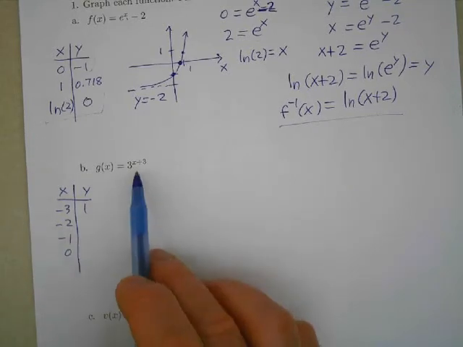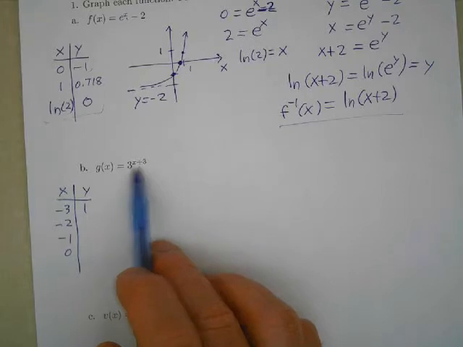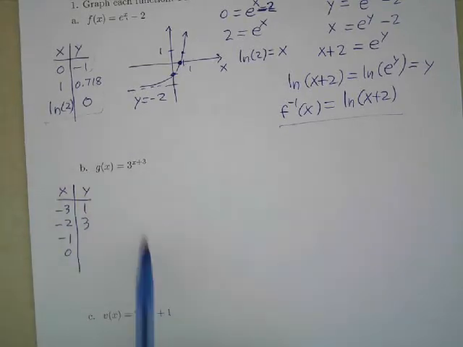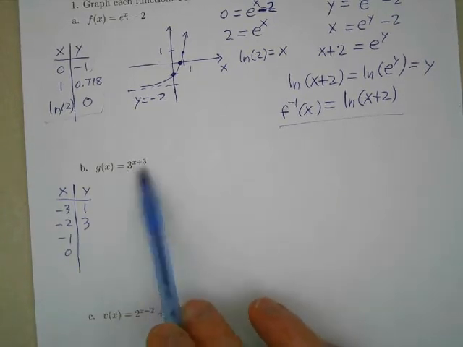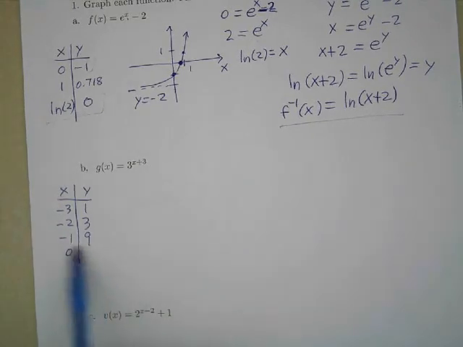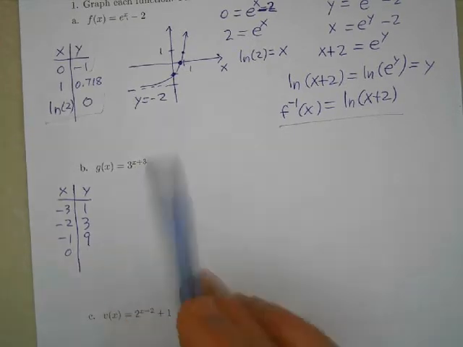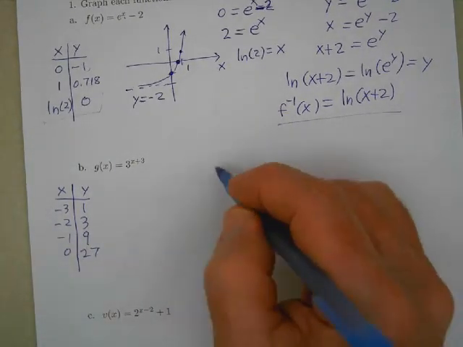When x is negative 2, negative 2 plus 3 is 1. 3 to the first is 3. And when x is negative 1, negative 1 plus 3 is 2, and 3 to the second is 9. So we're probably going to be off the grid. And finally, when x is 0, 3 to the third is 27. So let's plot those points.